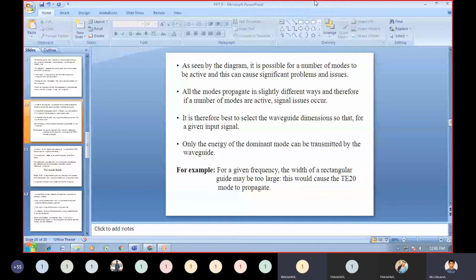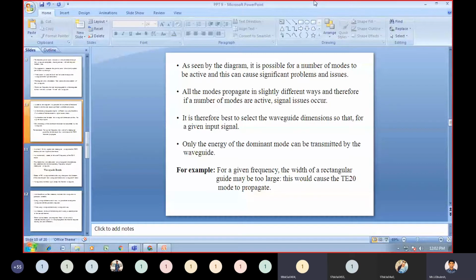As seen in the diagram, it is possible for a number of modes to be active, and this can cause significant problems.